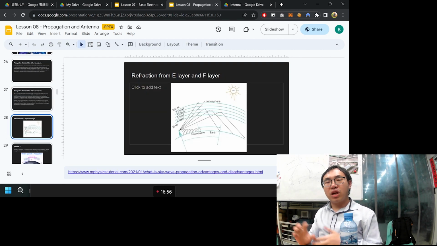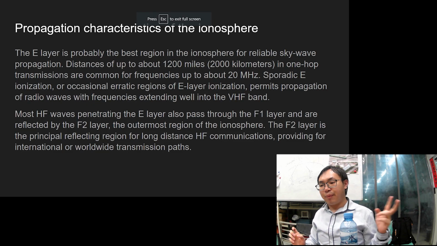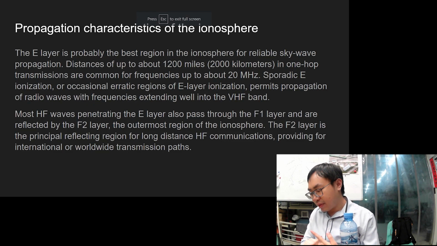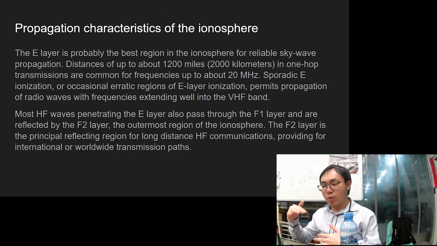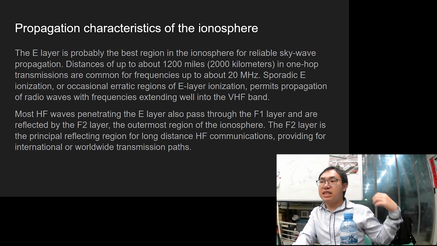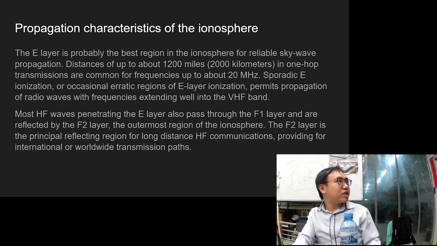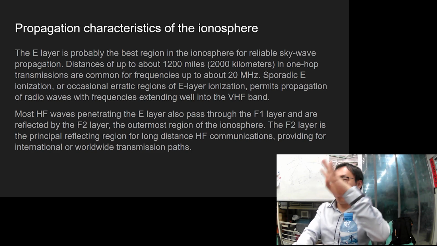Because for D and E layer, they got a lot of things they can ask you, like what are the factors that affect the ionosphere, the distance between the ground surface and different layers, why the daytime is not good for HF skywave propagation. All these questions they can ask you, just because skywave is really, really special.